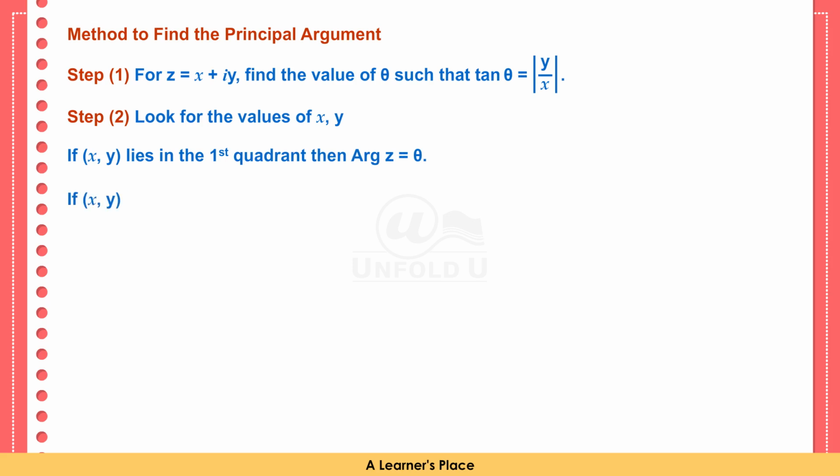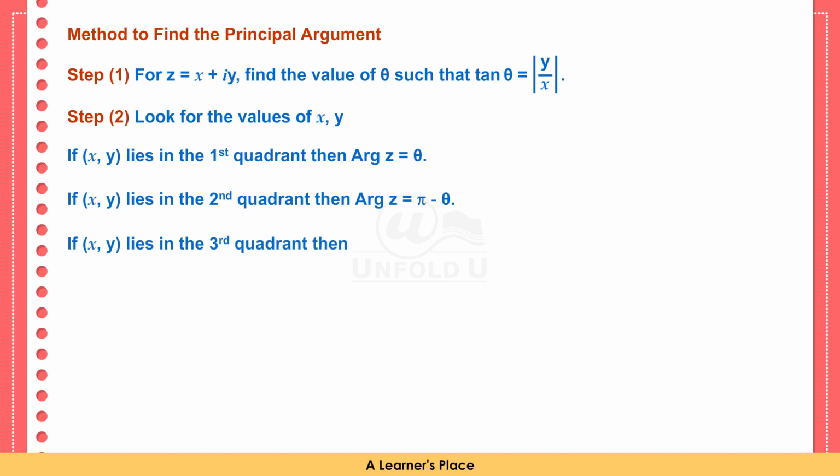If (x, y) lies in the second quadrant, then the principal argument of z is equal to pi minus theta. If (x, y) lies in the third quadrant, then the principal argument of z is equal to minus pi plus theta. If (x, y) lies in the fourth quadrant, then the principal argument of z is equal to minus theta.